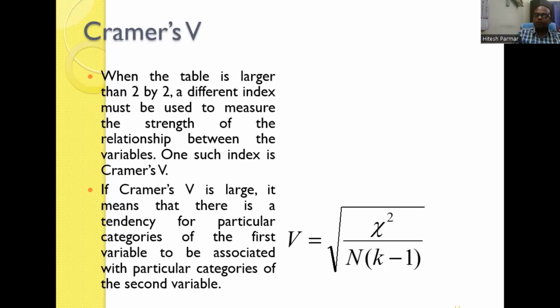If it is very near -1, we can say a very high degree of negative correlation. Similarly, here also we interpret the values for phi and Cramer's V.